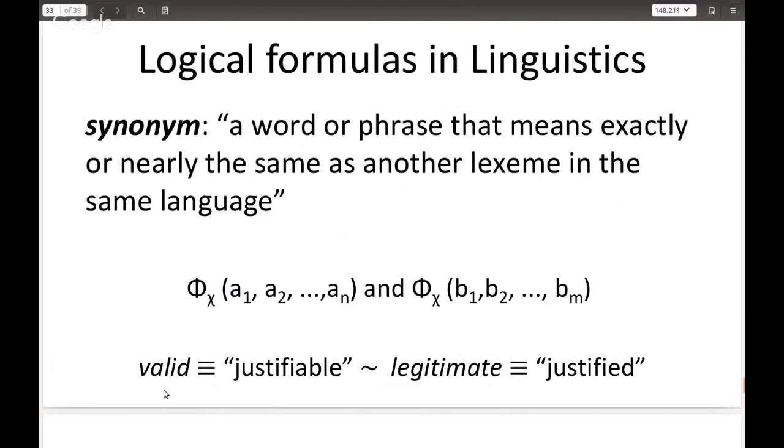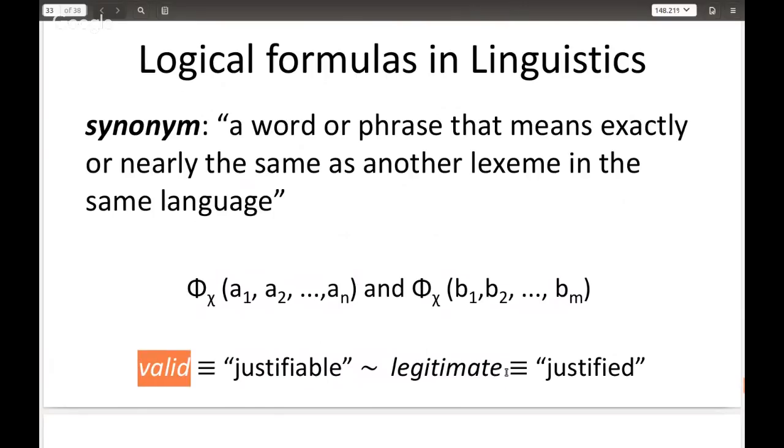And so to give an example, the word valid is the same as this phrase or word here, justifiable. And it approximates the meaning of legitimate, which means justified. So we can see just being the root of both of these meanings here, but these are synonyms.